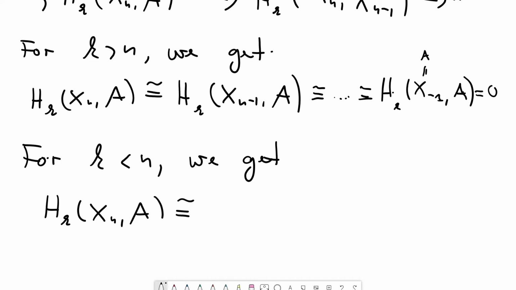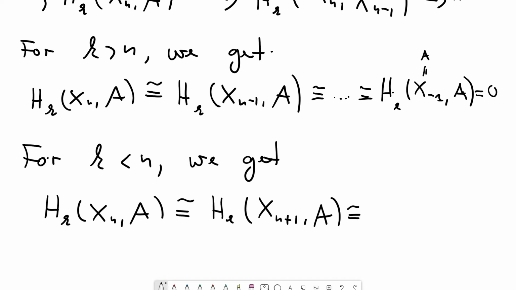So now this condition k is smaller than n remains true, or remains a condition I can continue to use if I replace n here with n plus 1. And then I get the isomorphism now in the other direction. So I now increase the degree of the skeleton, and I still get isomorphisms.